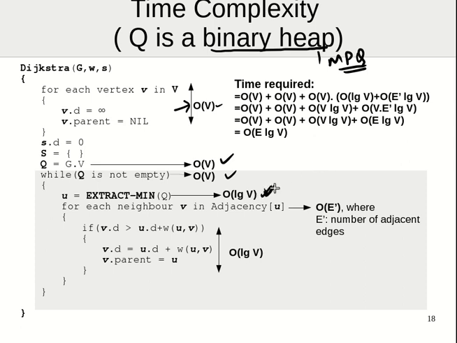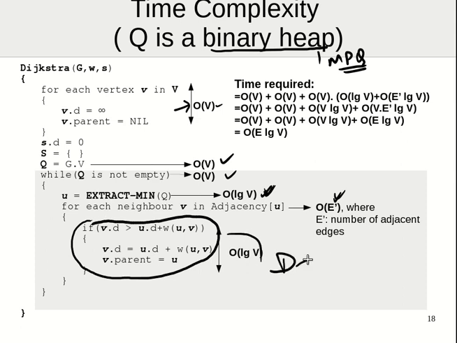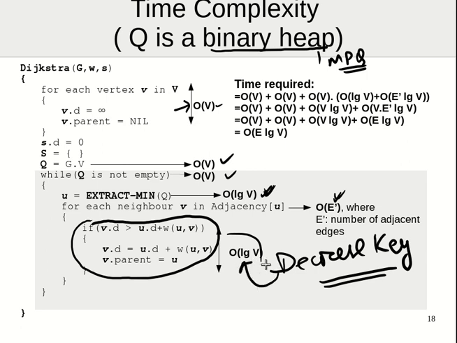This is improved. This is e dash, and updating is now not a constant time, because it is implemented as a decrease key operation in a minimum priority queue implemented using a heap. Decrease key takes log V time. To understand all these things, first of all you should understand what a binary heap is.